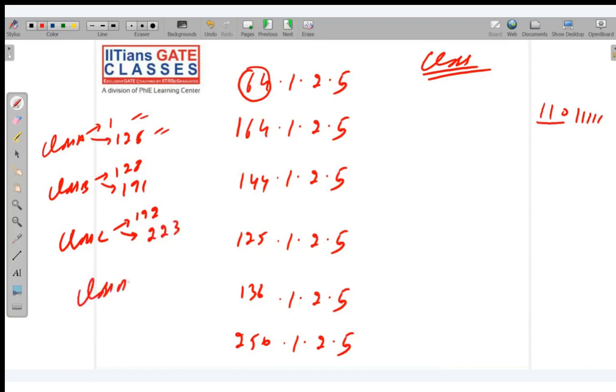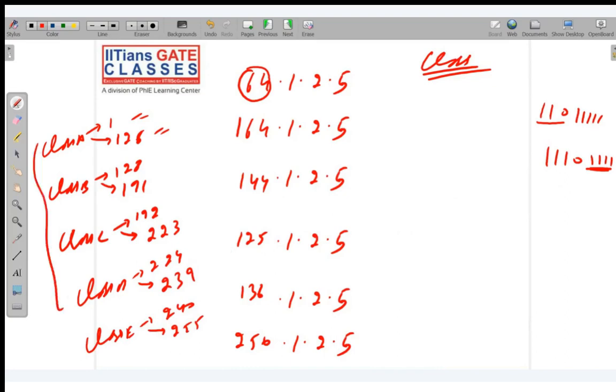Class D 224, till what we will go? 1110, and here it will be 224 plus 15 you have to do. 4 ones we have to add. 224 plus 15, 239. Okay. And class E 240 till 255. That is obvious now, because all ones will be there. All ones is 255. So you just have to remember this range, and everything is easy now.